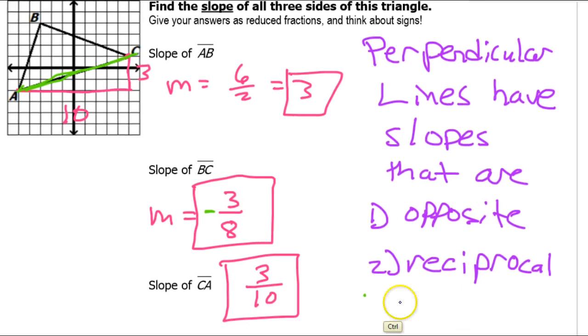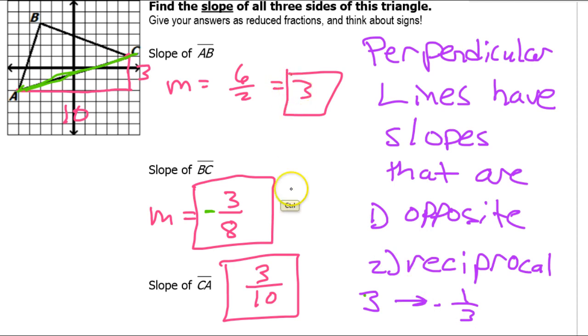Okay? So, for example, if one slope is 3, the reciprocal would be 1/3. All right? I'm just turning it upside down. And then also, opposite means I would change the sign.